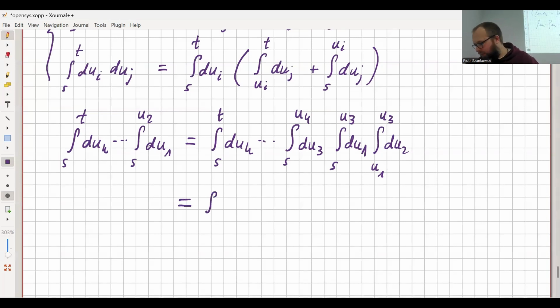the integral over u1, and the rest of the guys we mangled along the way, u_k, u1, u3, u2.